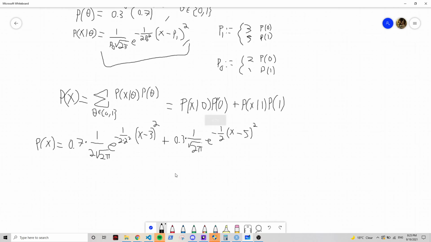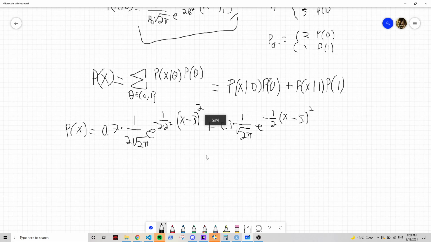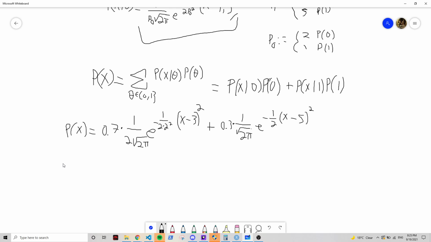Okay. So now, after mistakes corrected, I'm going to rewrite this in a slightly cleaner way. P of x equals 0.7, and this is just a regular normal distribution.